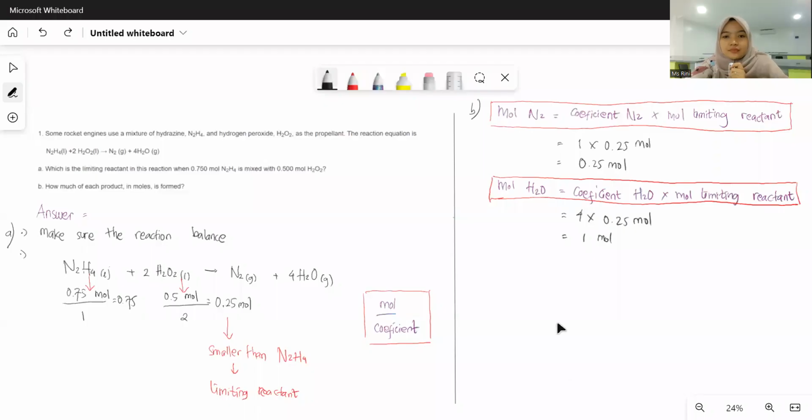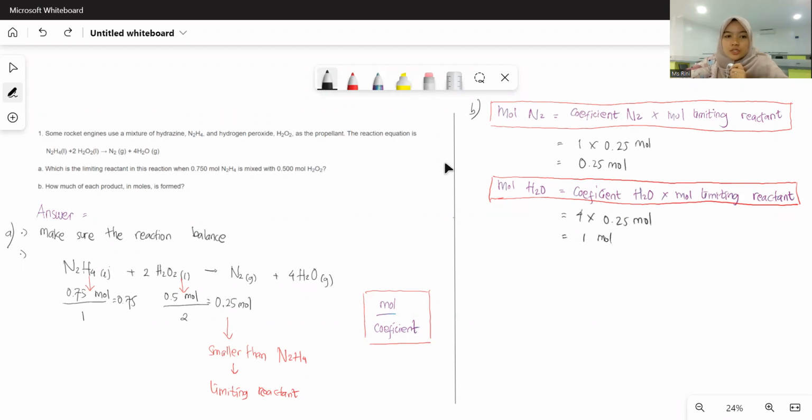Okay, I have one question. So let's solve this question together. Okay, so the question is: some rocket engines use a mixture of hydrazine N2H4 and hydrogen peroxide H2O2 as the propellant.